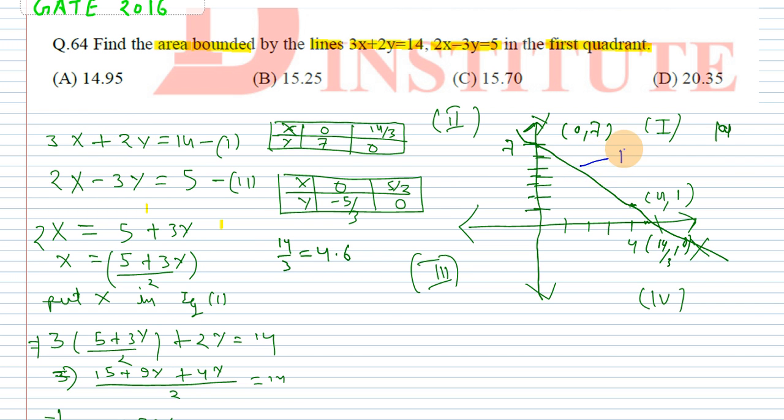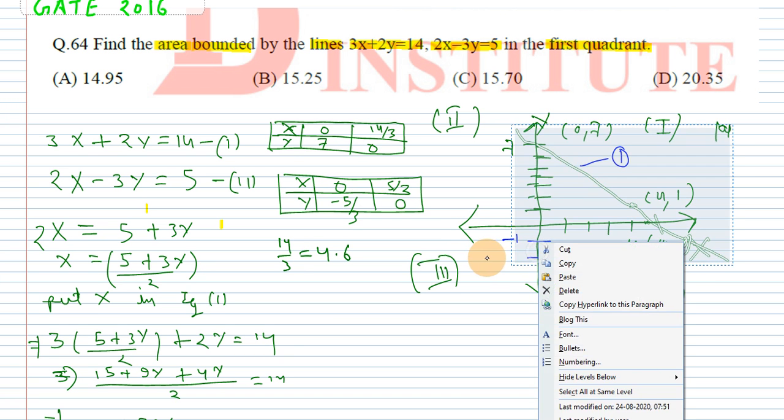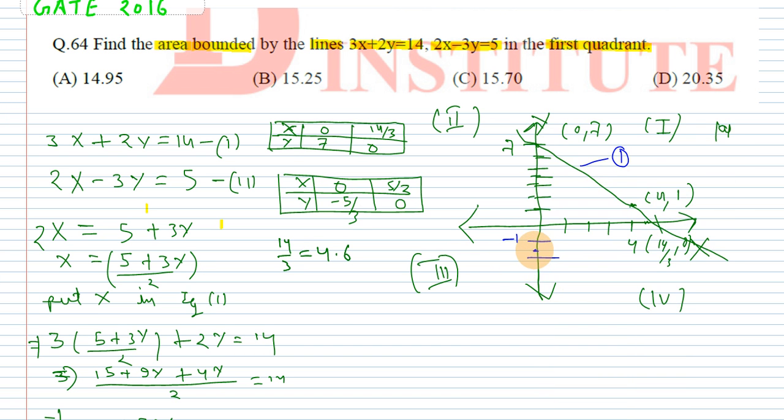So this one is the first line, and if you want to draw the second line, the first point is x equals 0 and y equals minus 5 by 3. So minus 5 by 3 is basically minus 1.6. So suppose this is minus 1, then 1.6 will be coming over here, right? So this is basically minus 5 by 3.